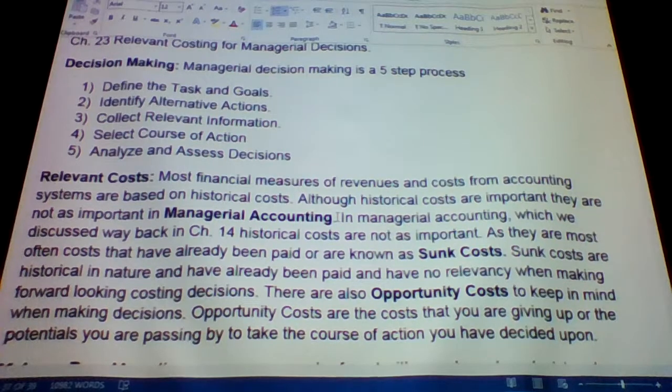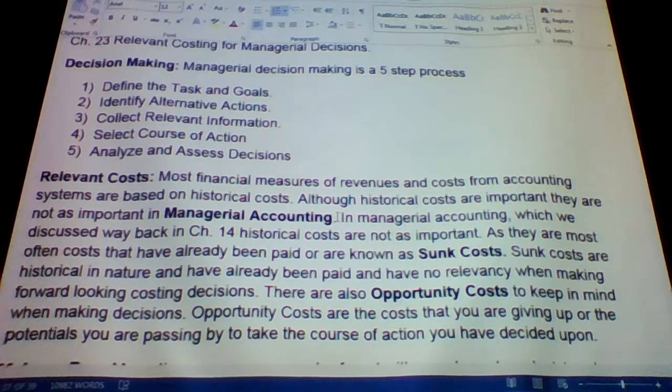Now, I highlighted that because I wanted you to remember that one, because that's an important definition. Sunk costs are historical in nature and have already been paid and have no relevancy when making forward-looking costing decisions, unless, say, you're deciding to go even further along in the direction that you are. But really, sunk costs have no relevancy in management accounting decisions for forward-looking costing decisions, and I want you to remember the forward-looking part of that.